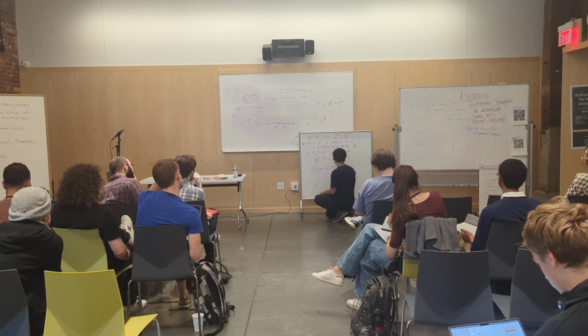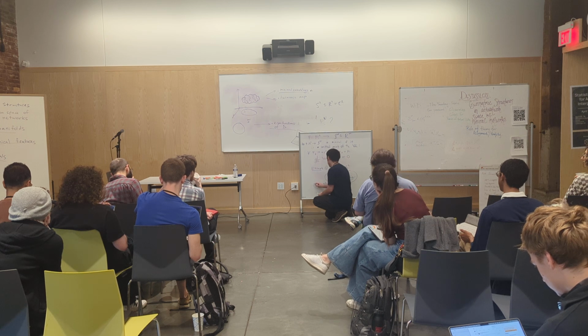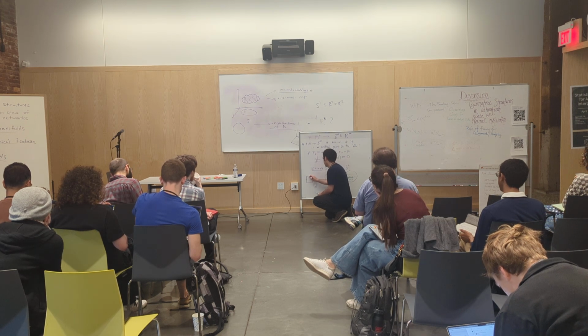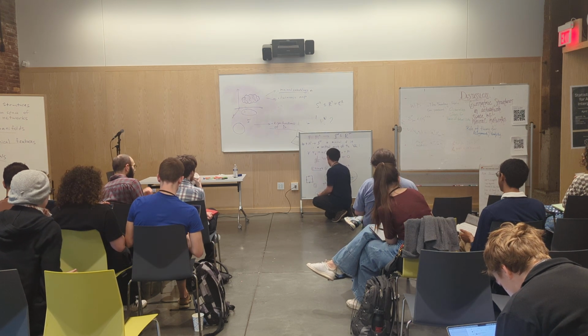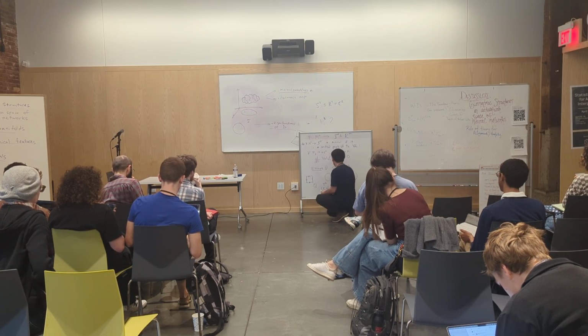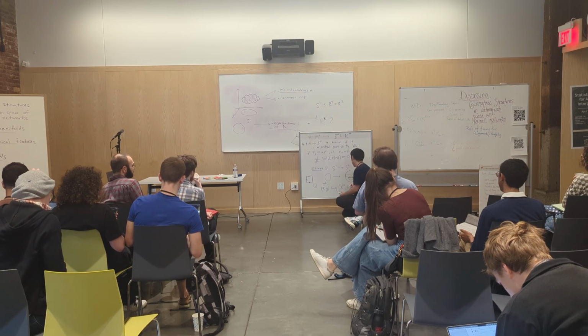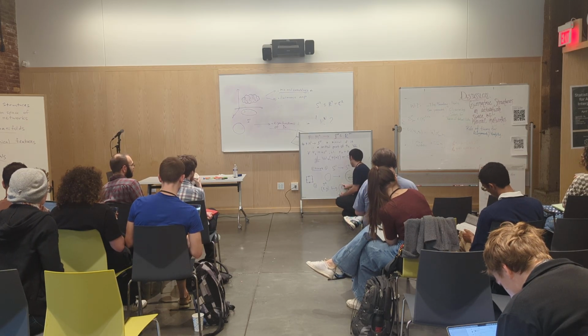Another example is if you take a torus, a square, and you map x, y to e to the i x, e to the i y, scaled by 2 pi.